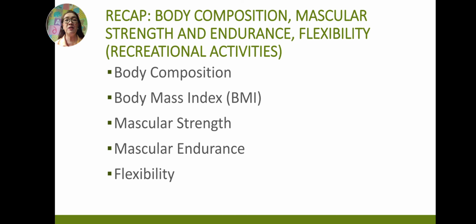Next is body mass index or BMI. What is BMI? This is an indicator of total body fat which is related to the risk of disease and death. Body mass index refers to the measurement of one's weight relative to his or her height.